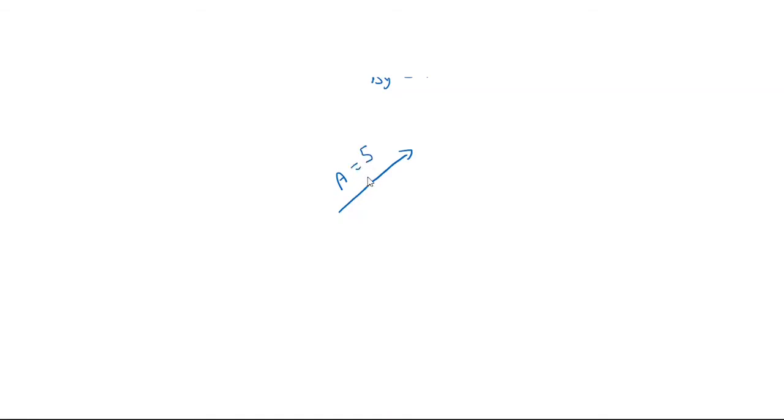Let's say a is 5, and I'm telling you that this one is 3, whatever 3 units, then the y component is going to be 4 units. And then I'm going to have theta here. So I can find everything.